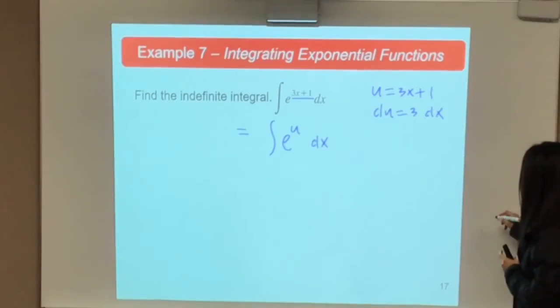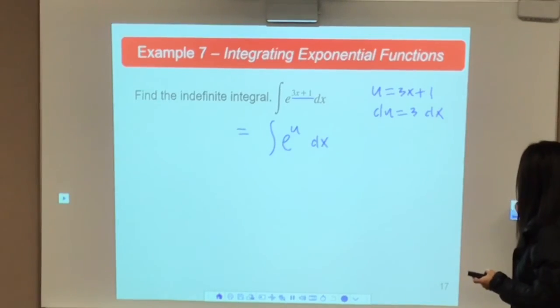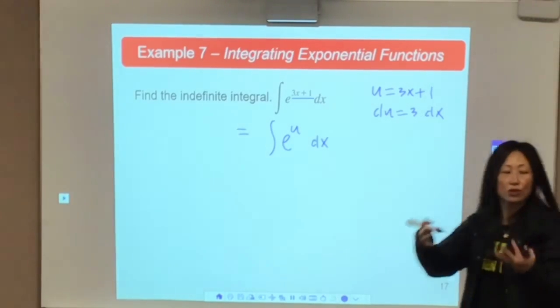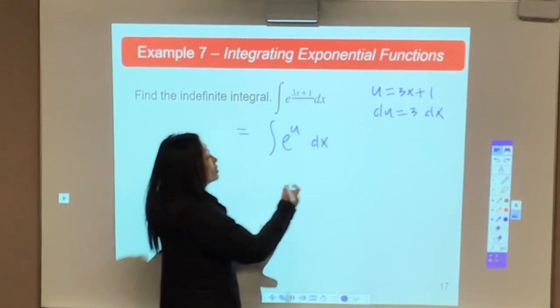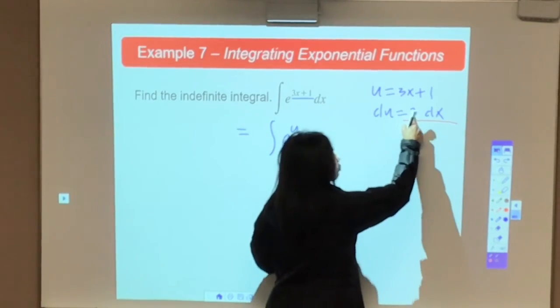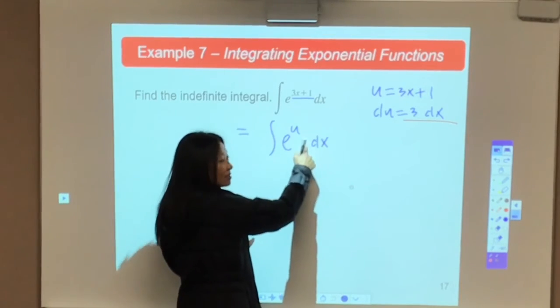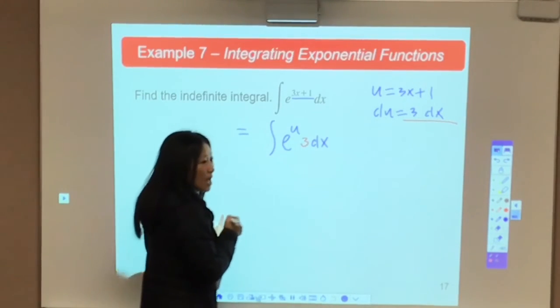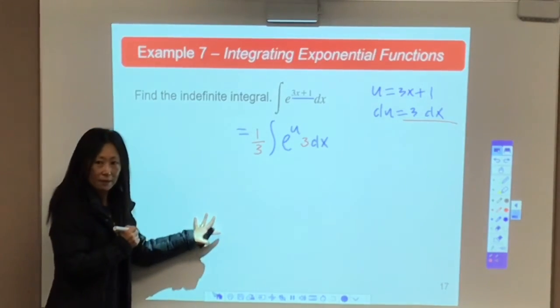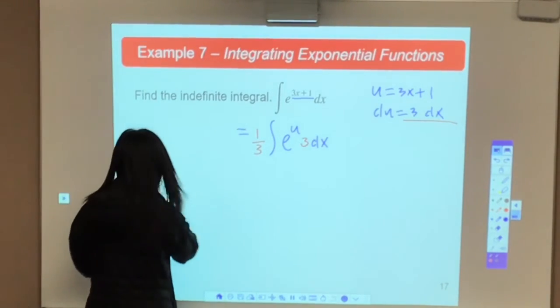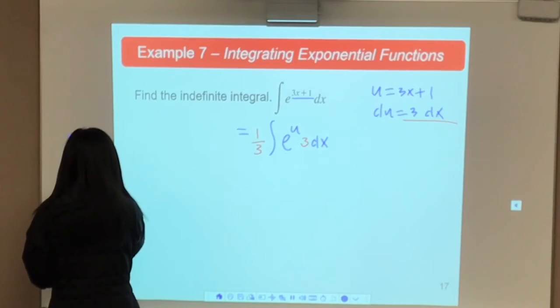So what do I need to do? Just think about the one that you did with the chain rule. Remember the antiderivative using a chain rule? Anti-chain rule, kind of like that. What I need is a 3, but I don't have a 3. So I need to multiply by 3, and then divide by 3, which is 1/3. Now I have exactly what I need.